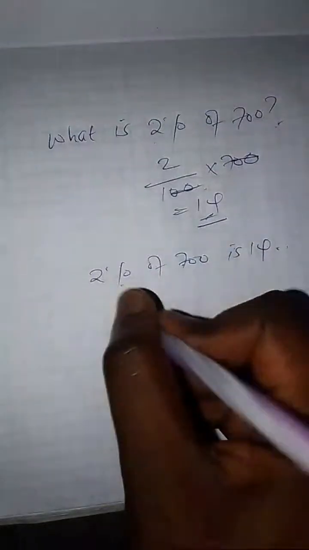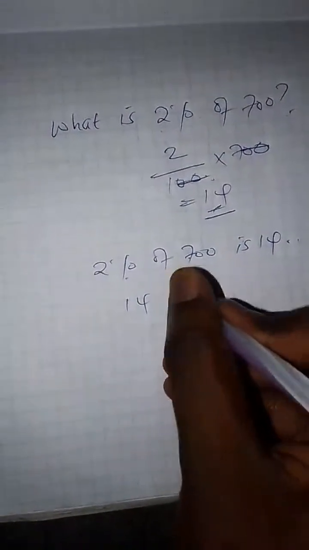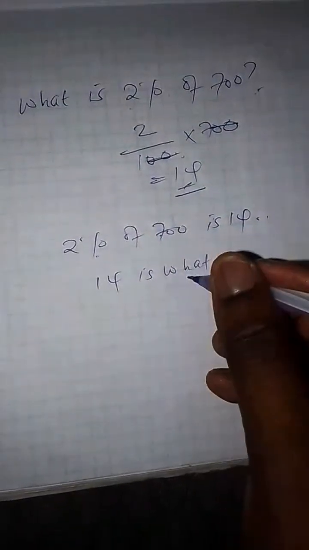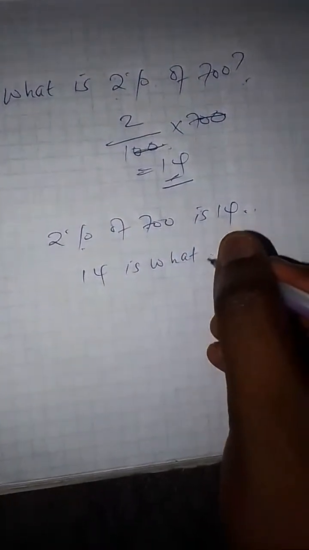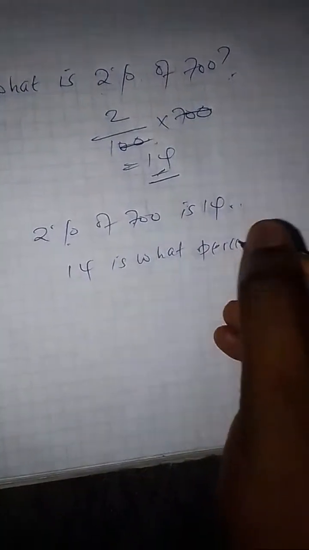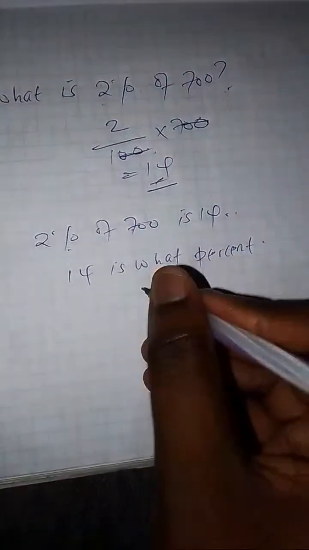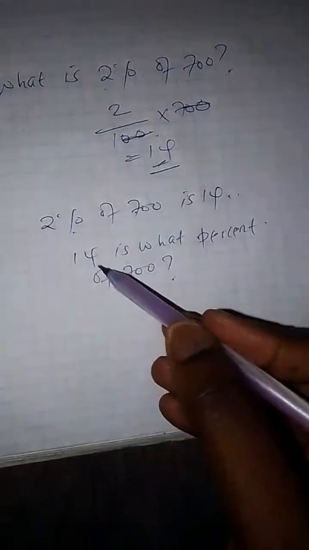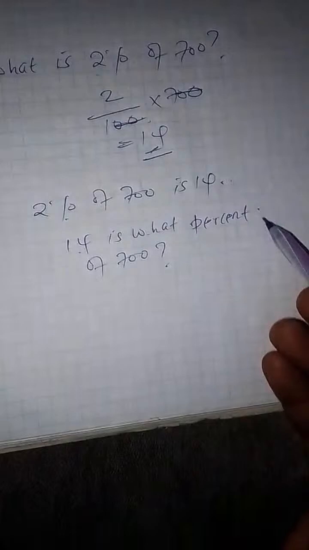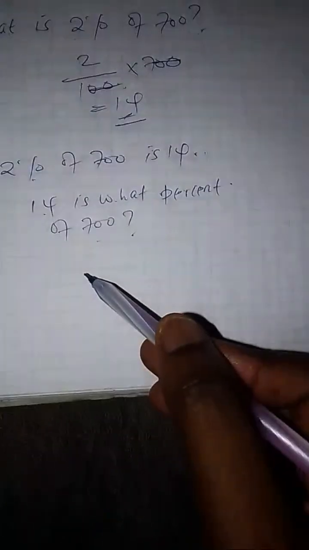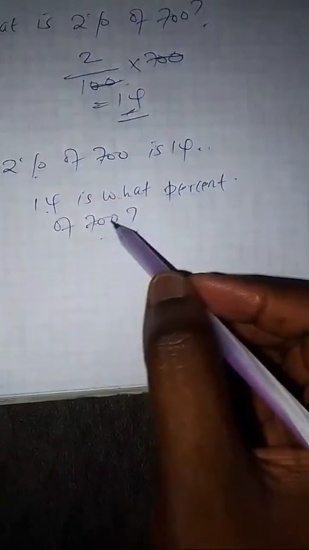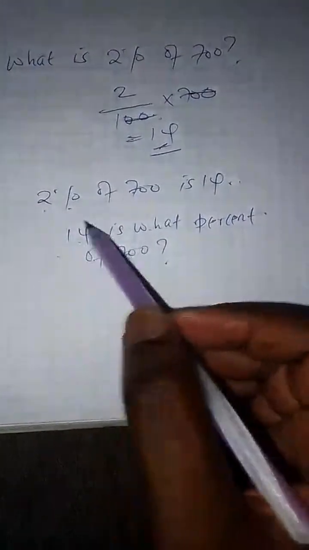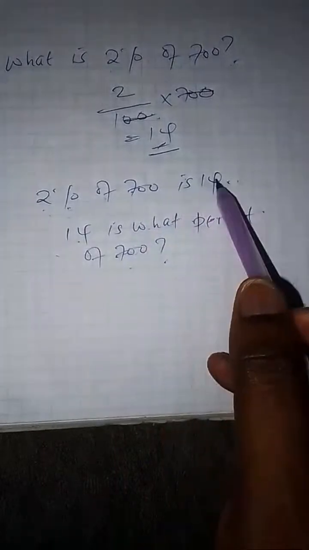So here we can say, 14 is what percent of 700? So we pick the number after 'of', which is 700. Let's check if it brings this 2%, because we've got 2% of 700 is 14.